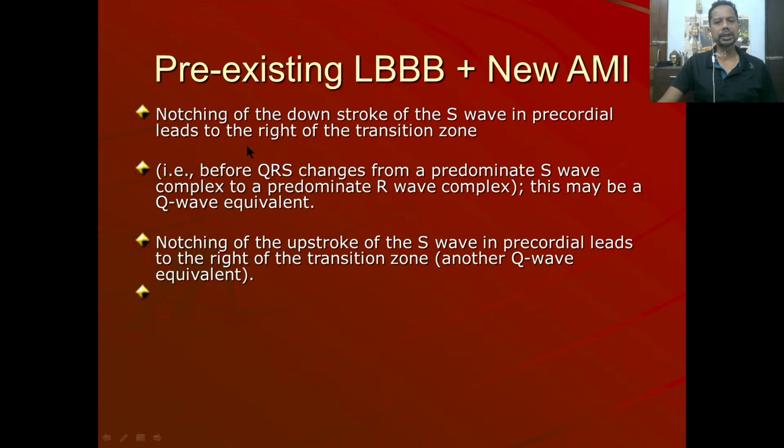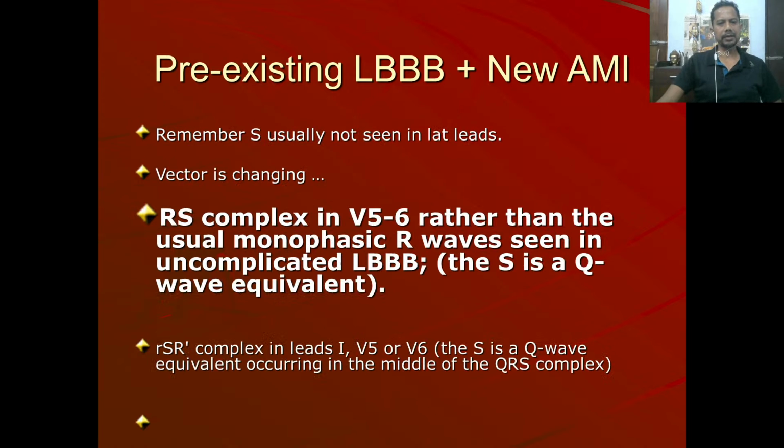So there can be notching on the downstroke of S wave, on the upstroke of S wave, which are Q wave equivalent. Okay, and this is very important. Also remember that S usually is not seen in the lateral leads. Now the vector is changing.